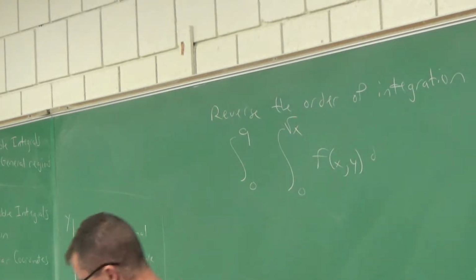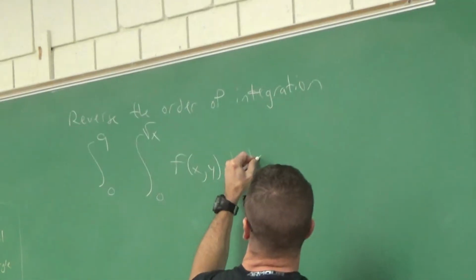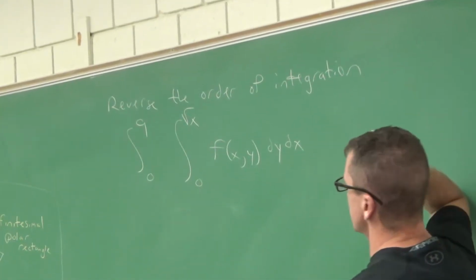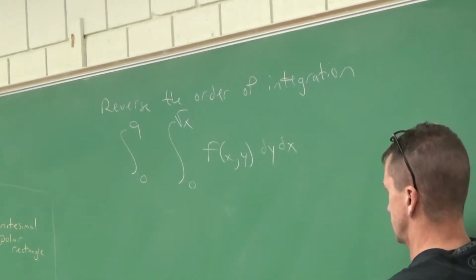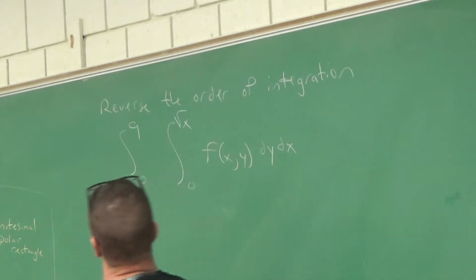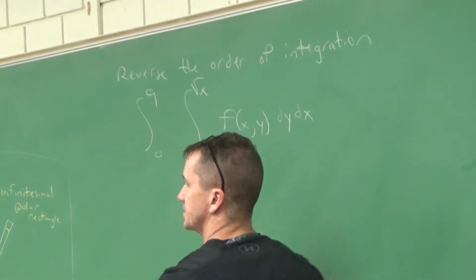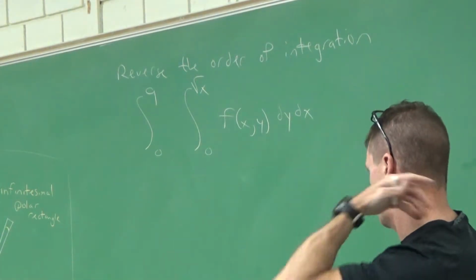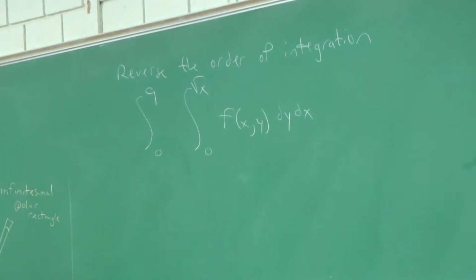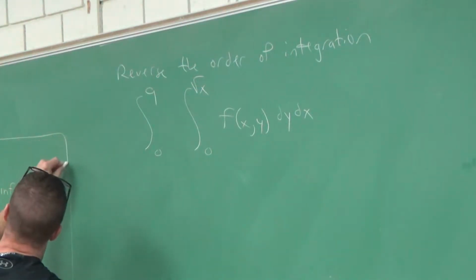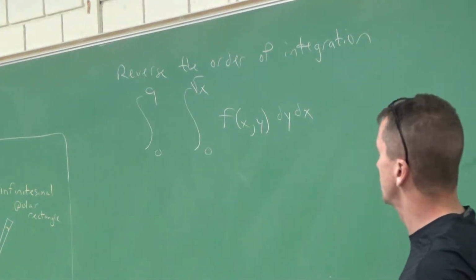And they wrote dy dx. Can you reverse the order of integration? We'll do a few of these. And once we're done with this, then we'll jump into the cool stuff, the polar coordinates. It's really neat. But right now, just reverse the order of integration.